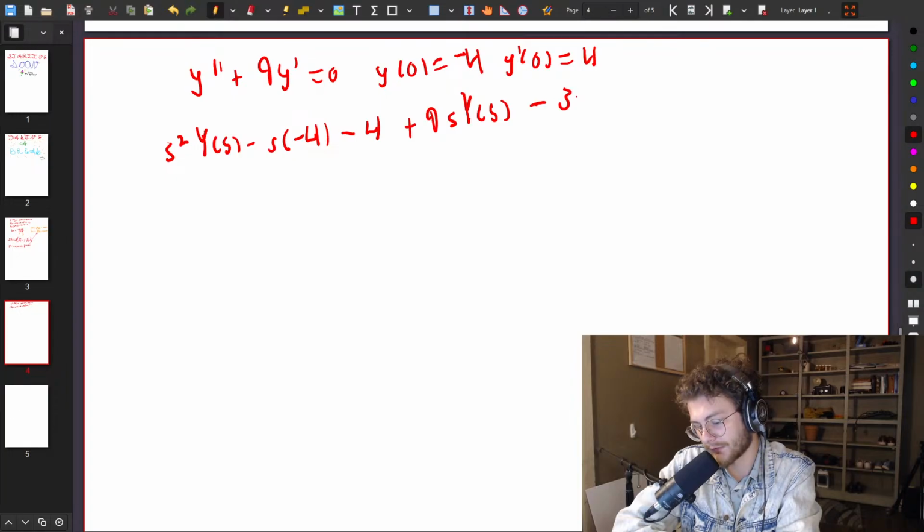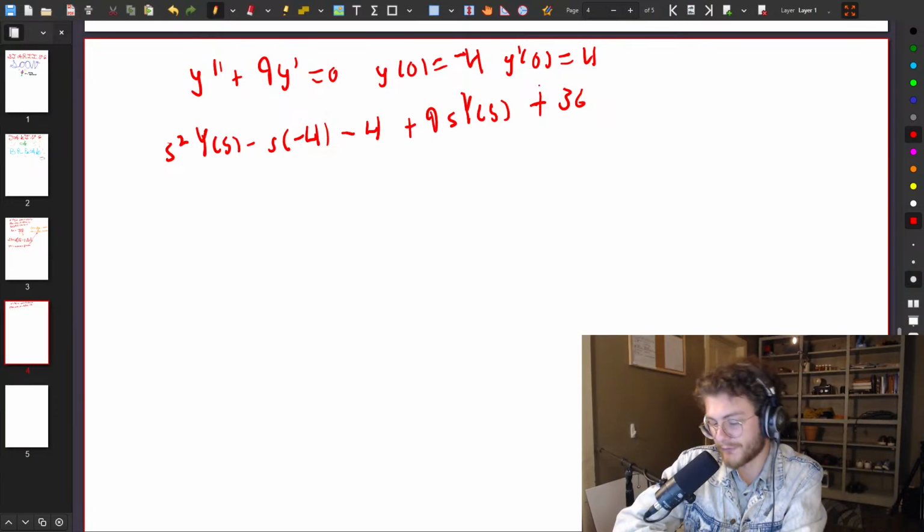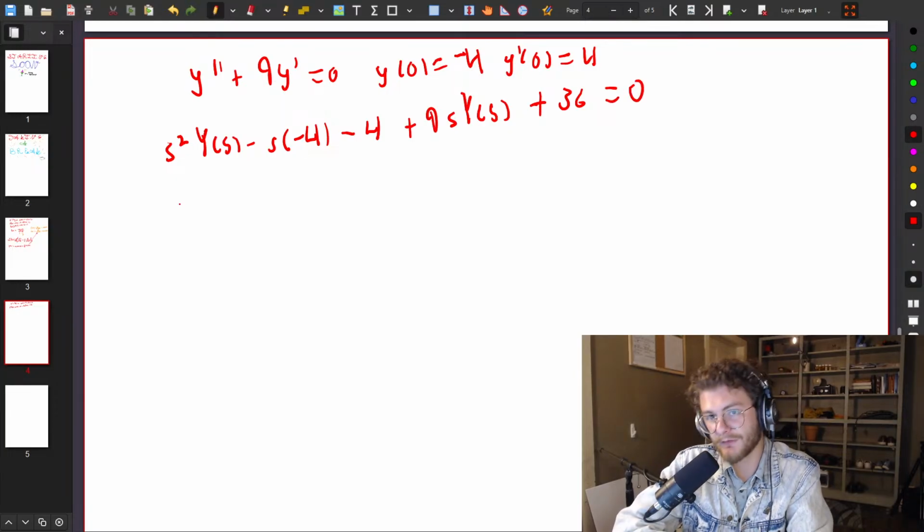This is 36, and the negative and the negative become a positive, equals 0.